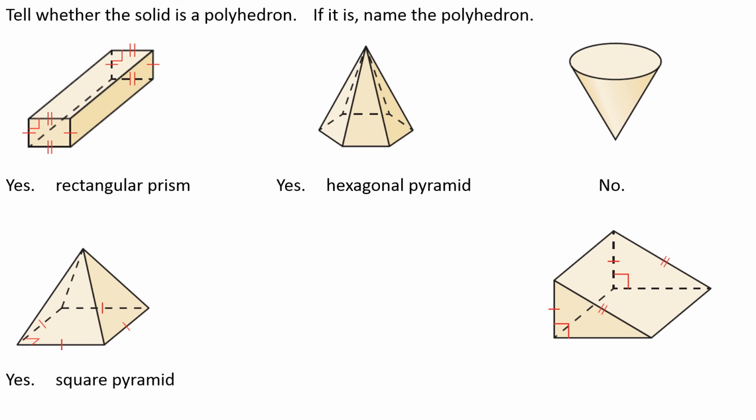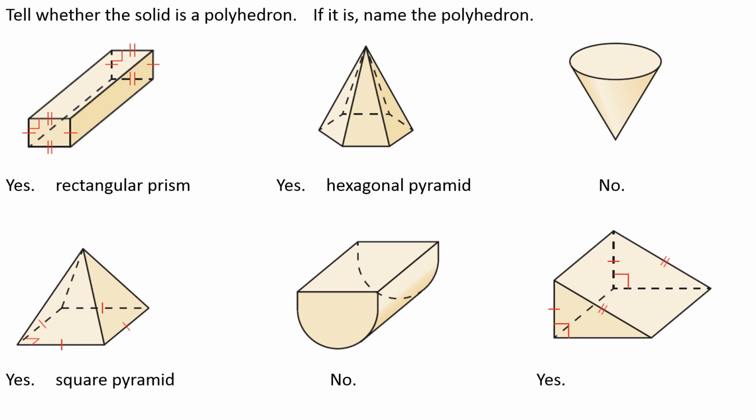So it's a square pyramid. No, it is not a polyhedron. And then the one that should have remained as a mystery to the very end that showed up early. Yes, it's a polyhedron. The bases are triangles, so we'll call it a triangular prism.